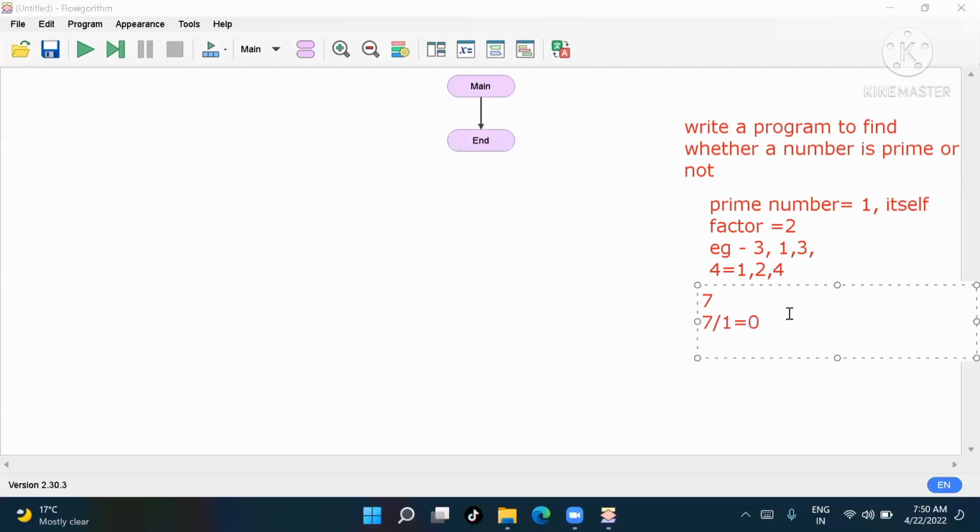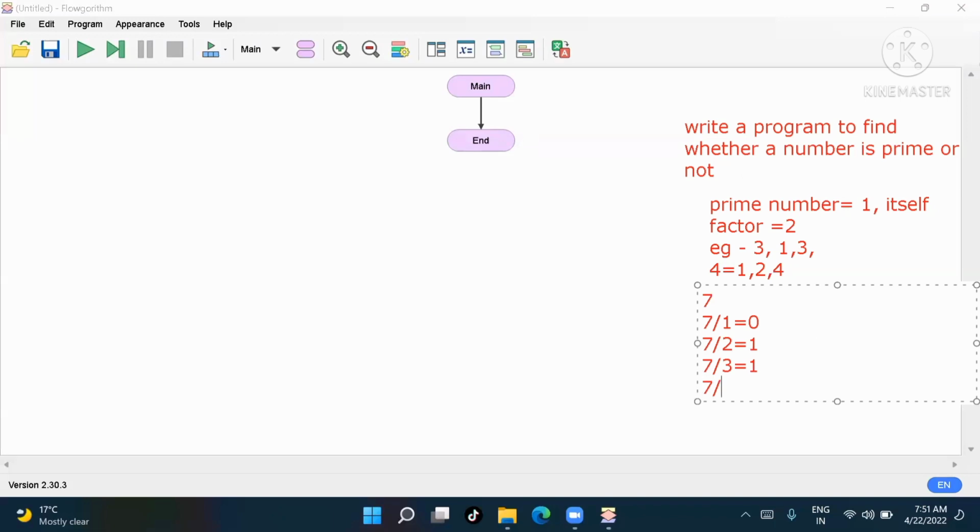If you divide 7 by 2, how much will it come? 2 times 3 is 6, remainder 1, right? In this way, 7 divided by 3: 3 times 2 is 6, remainder 1.